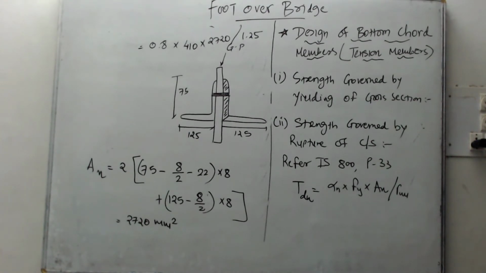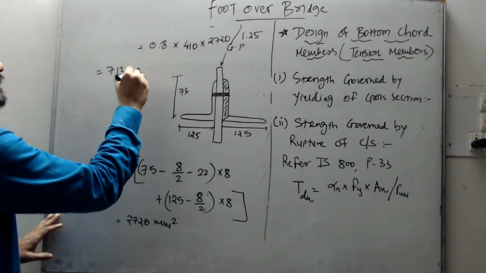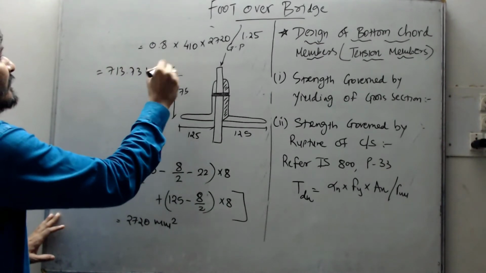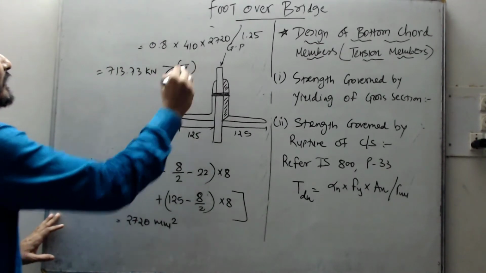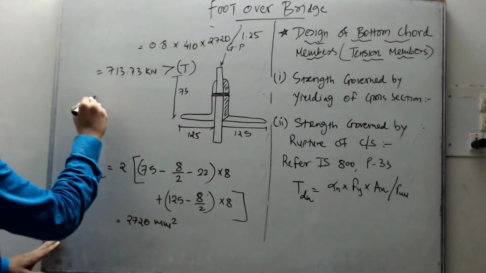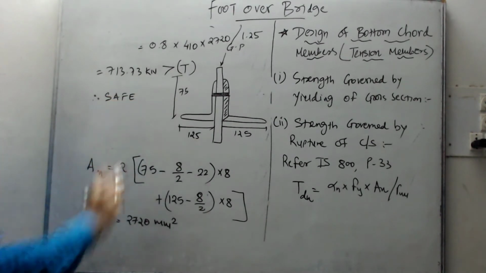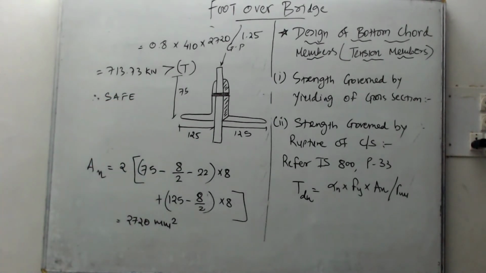So if you calculate this, you will get your answer as 713.73 kilonewton, which is greater than the tension force that is acting on our member, therefore it is safe. Right, so it is safe in strength governed by rupture of net section also.